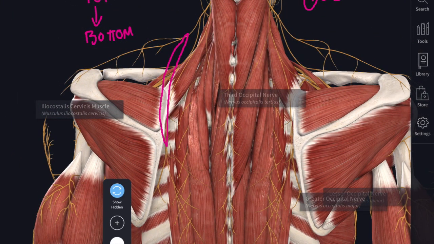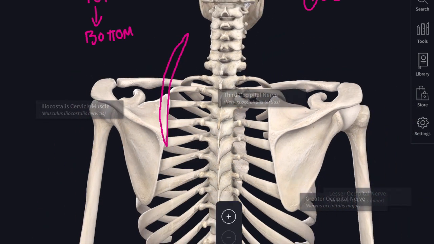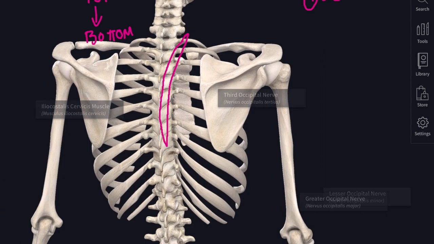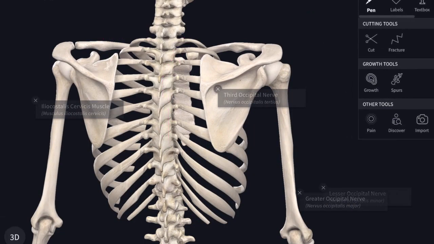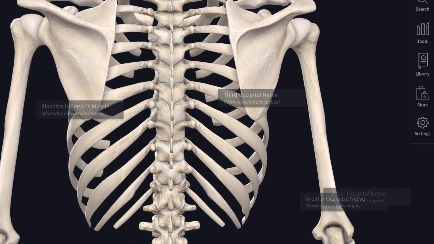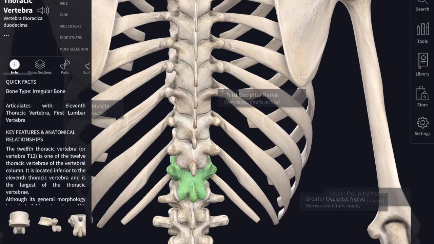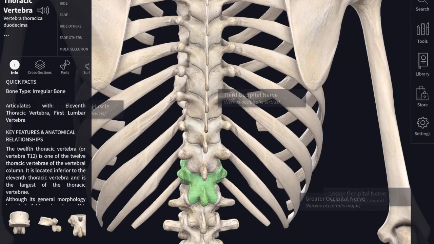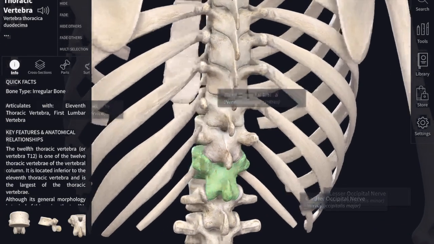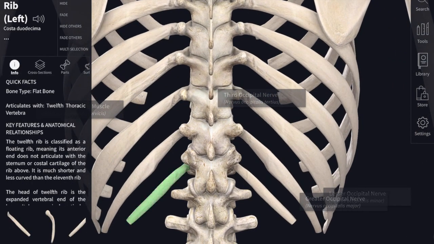I've switched to this anatomy app to really show you that anatomical relationship. Look at this. These are all my ribs, or John's ribs, Johnny's ribs. And this is the 12th thoracic vertebra, as noted here at the top left. Right next to the 12th thoracic vertebra is going to be your 12th rib.